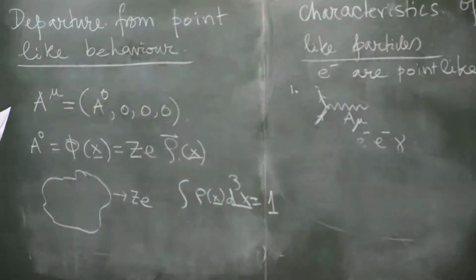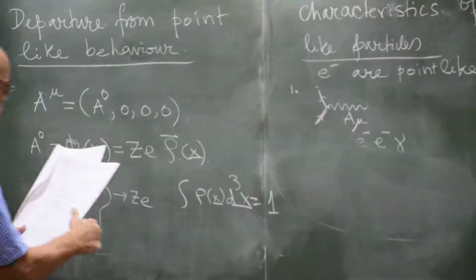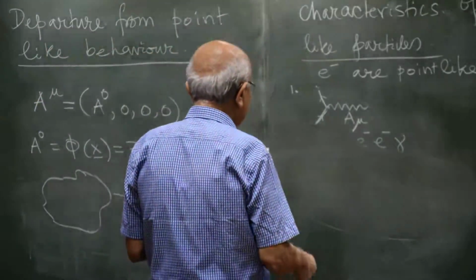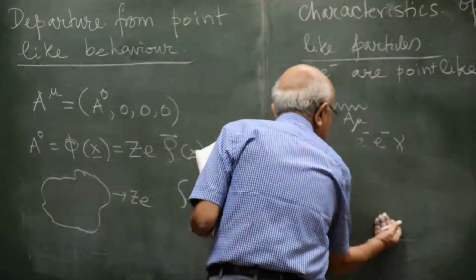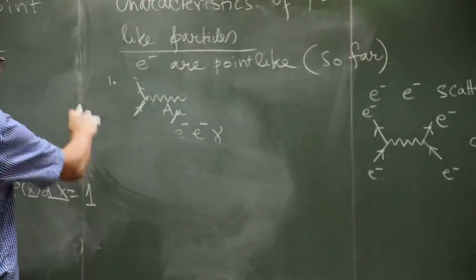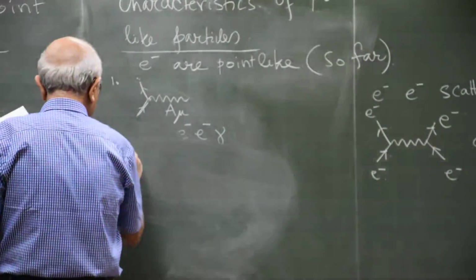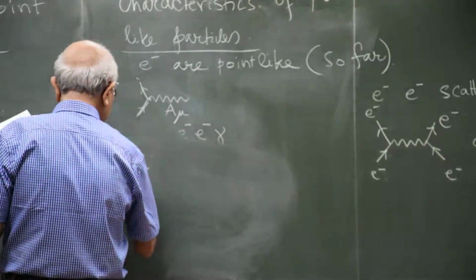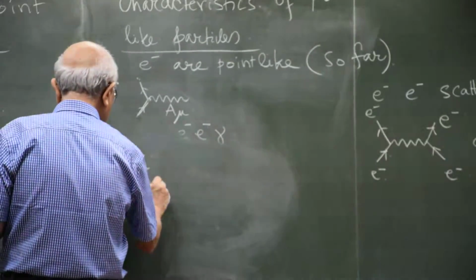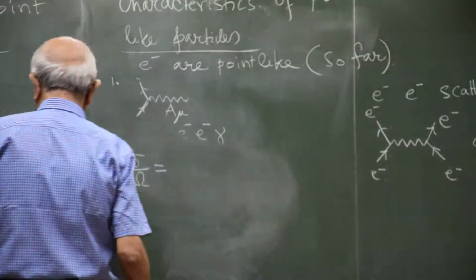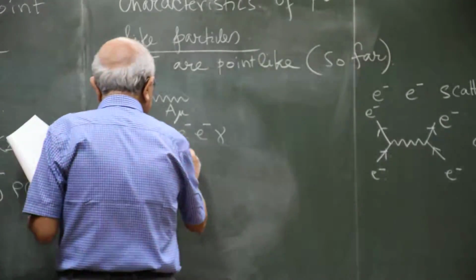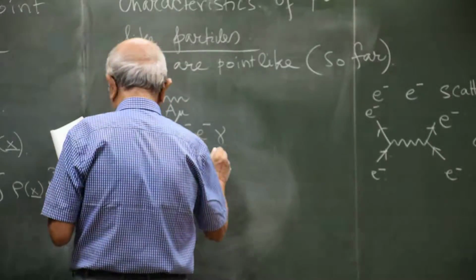Now what happens in this case? Now, again I will not be computing the cross section, but just to see the departure from the point-particle result, it turns out that this is equal to this.